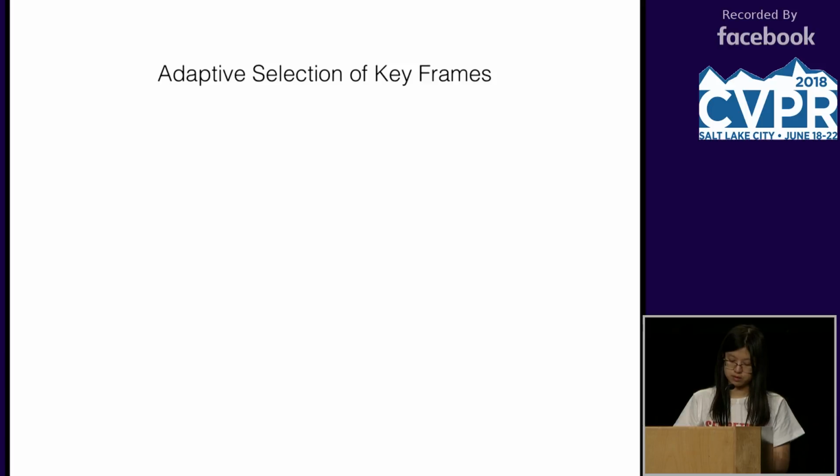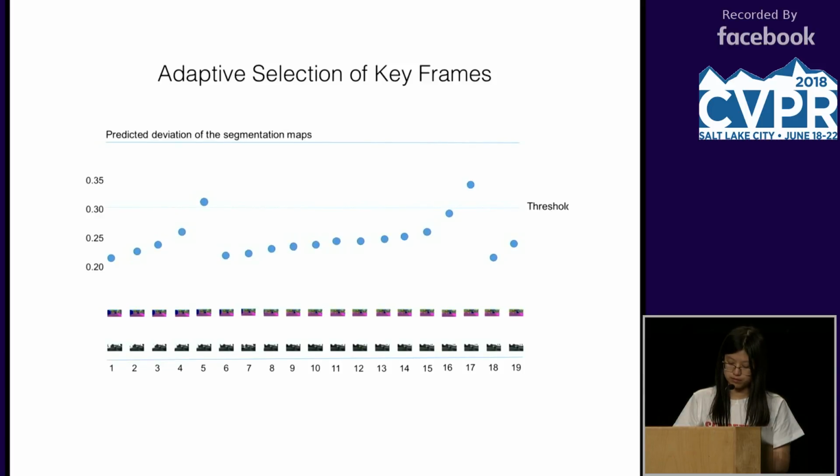The keyframe is selected by the deviation of semantic segmentation maps. When the deviation is over some threshold, the frame is scheduled as a keyframe, and the deviation is predicted by a small network.